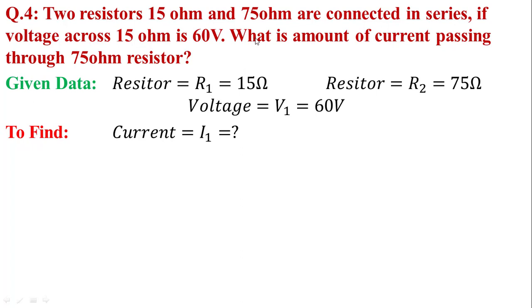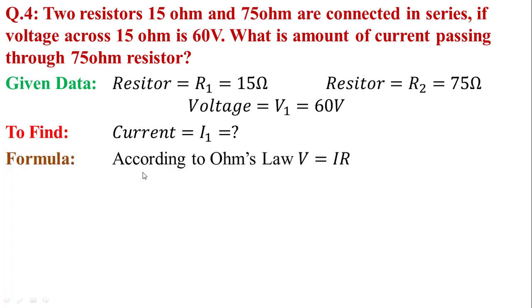Here the given statement says that both resistors are connected in series. So first of all, we find the current in resistor R1, then we can calculate the current in resistor R2. First of all, write the formula. According to Ohm's law, V is equal to IR.